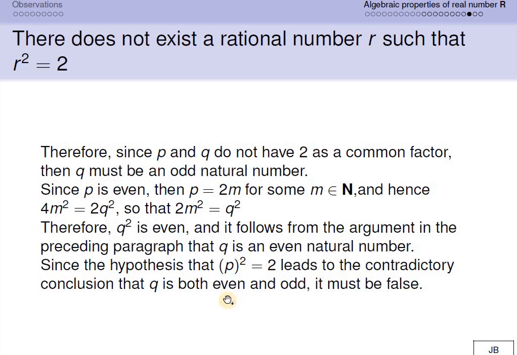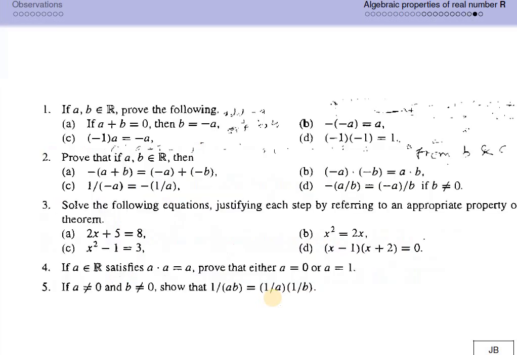It cannot be both. So this is false. We started with one assumption, that (p by q) square is equal to 2. That is only an assumption we have made, and the rest we deduced from that. So our assumption was false, which means there is no rational number whose square is equal to 2.